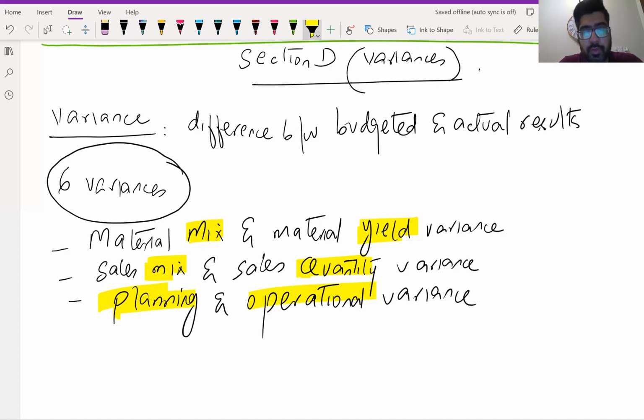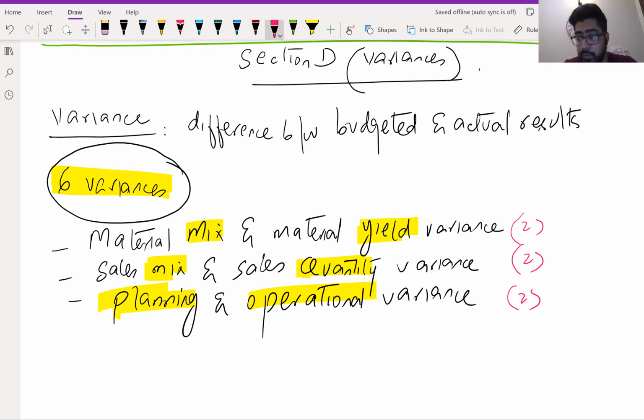So there are 6 variances in total: material mix and material yield variance is 2, sales mix and sales quantity variance 2, and planning and operational variance 2. So in total, there are 6 variances in the PM syllabus which we have to study.